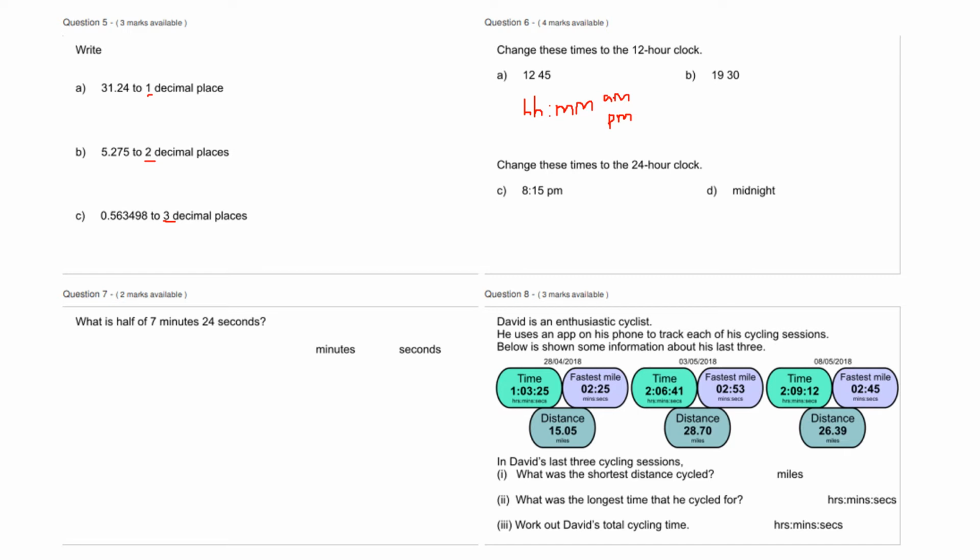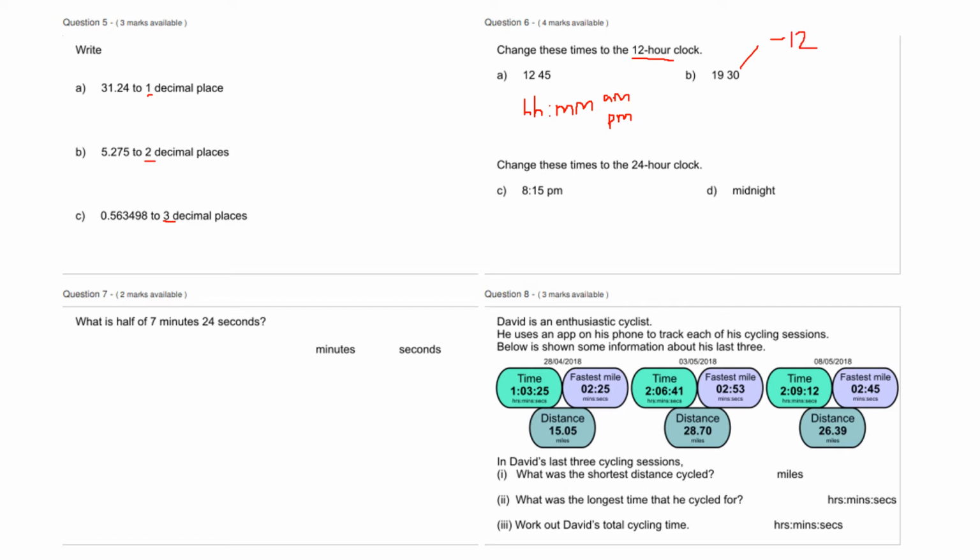This one's almost perfect as it is, but this one here, this definitely needs converting. Basically, once we get to 13 o'clock, so here we've got 12:45, so this one's not right, but once we go past 13, if we're looking at the 12-hour clock system, then once we get to 13, to convert it back to 12 hours, we subtract 12 off the hours section.